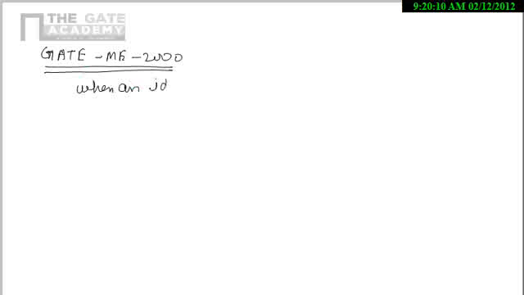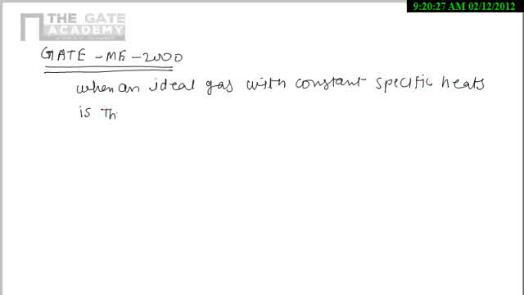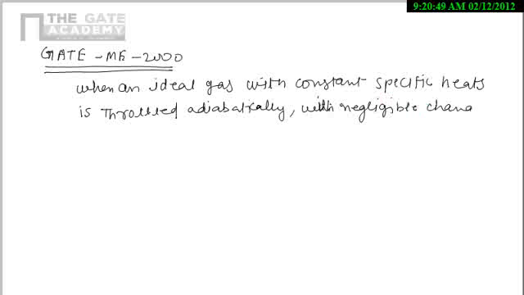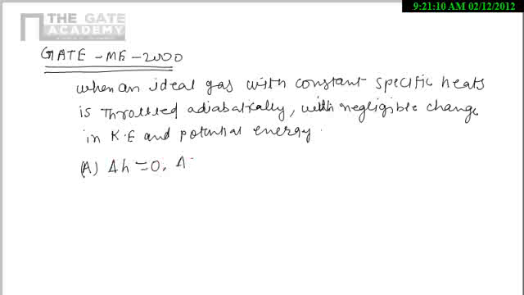When an ideal gas with constant specific heats is throttled adiabatically with negligible changes in kinetic energy and potential energy: A, change in enthalpy equals 0, change in temperature will be 0.